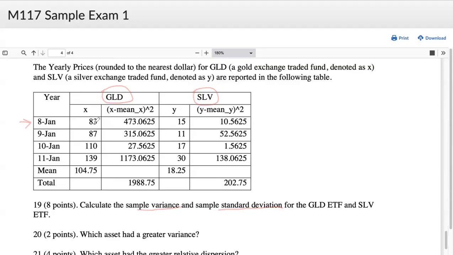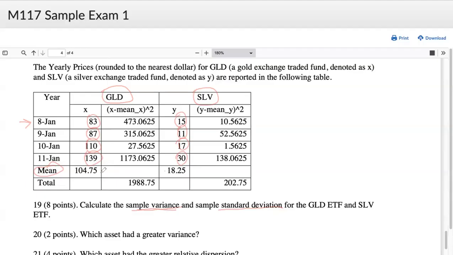Okay, anyway, so we're given gold price 1, 2, 3, 4 for data. We have calculated the mean value to be this. Silver for these 4 days at these prices, and also the mean has been calculated. And we know these are just samples, right? So we need the sample variance and sample standard deviation.